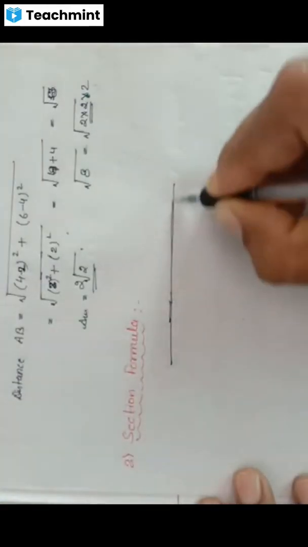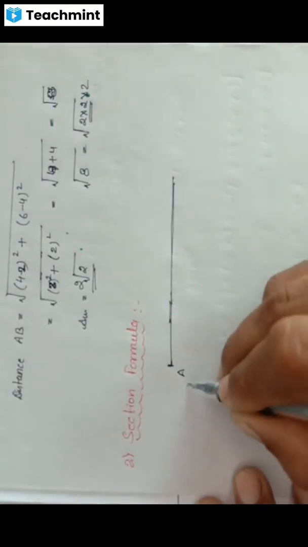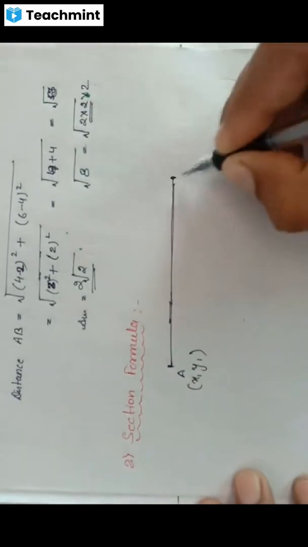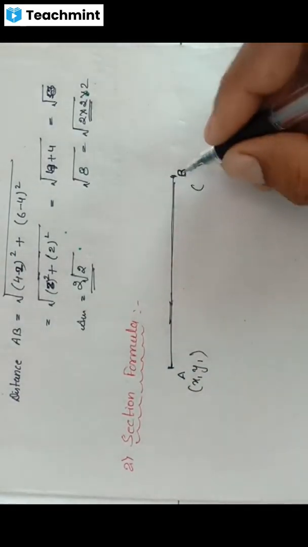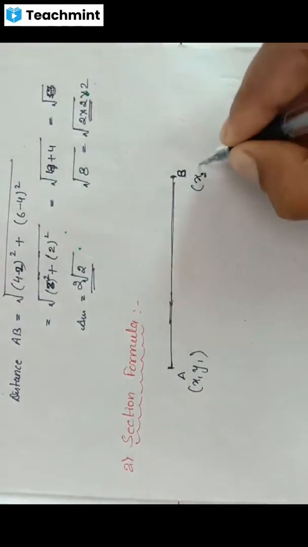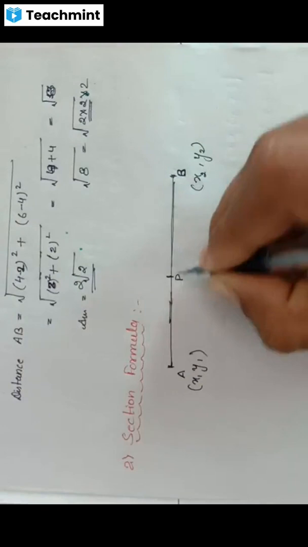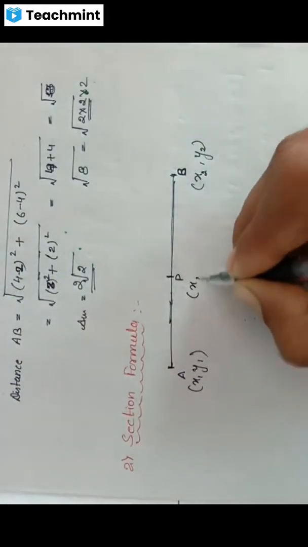In this line we have A, with coordinates x1 and y1. Then we have another point B, with coordinates x2 comma y2. In between we have a point P. So here also we will have one x and one y.